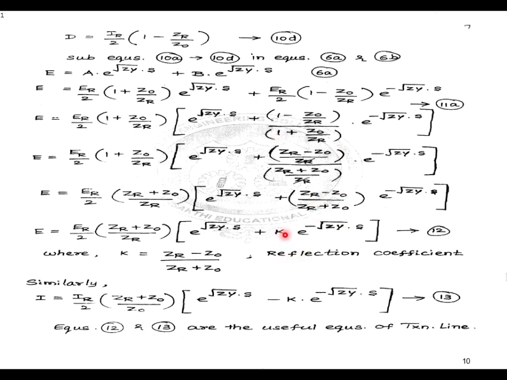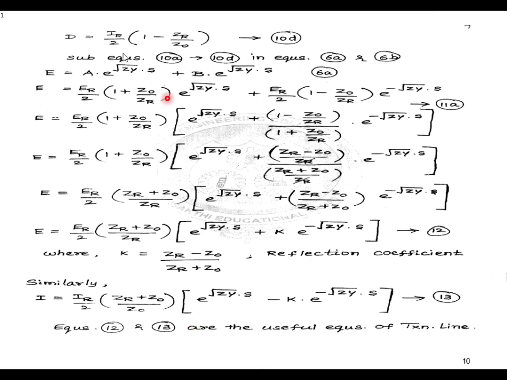So reflection coefficient is ZR minus Z0 divided by ZR plus Z0. Similarly, for the current, I equal to IR divided by 2 into ZR plus Z0 divided by Z0 into e power root of ZY into S minus K into e power minus root of ZY S. Yes, these two equations are the general solution of the transmission line voltage and current equation.